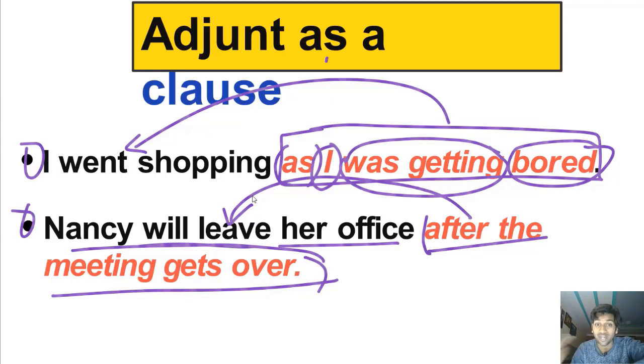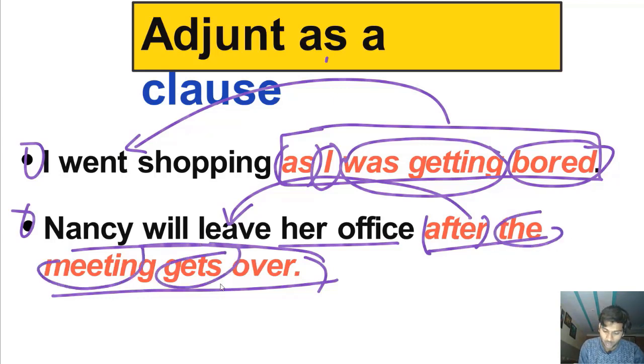When? After the meeting gets over. So subordinating conjunction, subject, verb, adjective, complement. All right, so it can be a clause as well. You really need to just look at whether the piece of information is essential to the sentence or not. If it's not, it's basically an adjunct to the sentence.